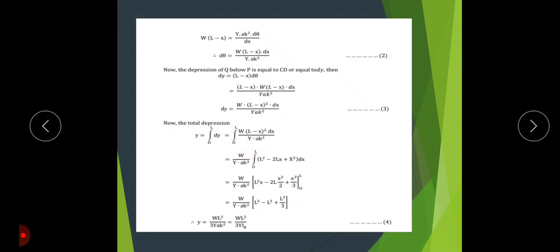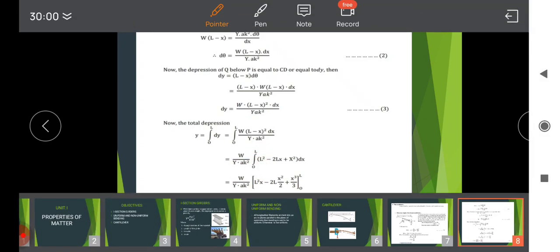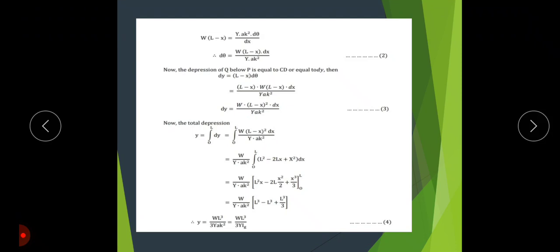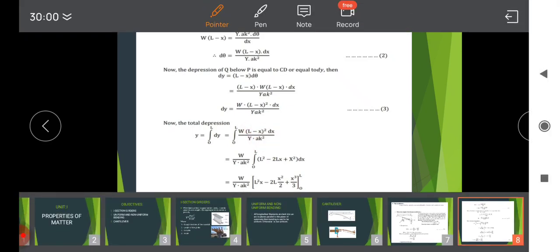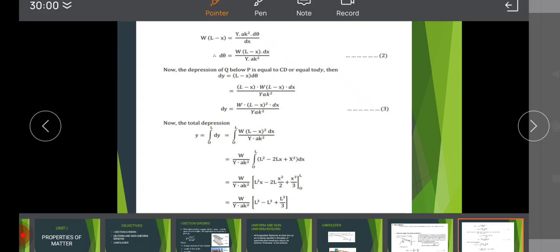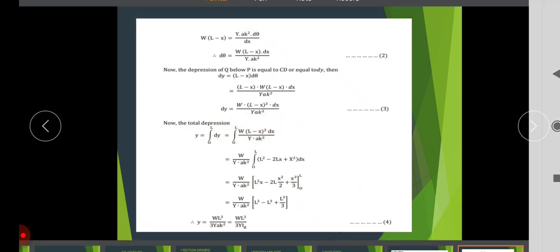And next, w divided by Y A k square is taken as a constant, outside the integration sign. What remains is L minus x whole square dx.